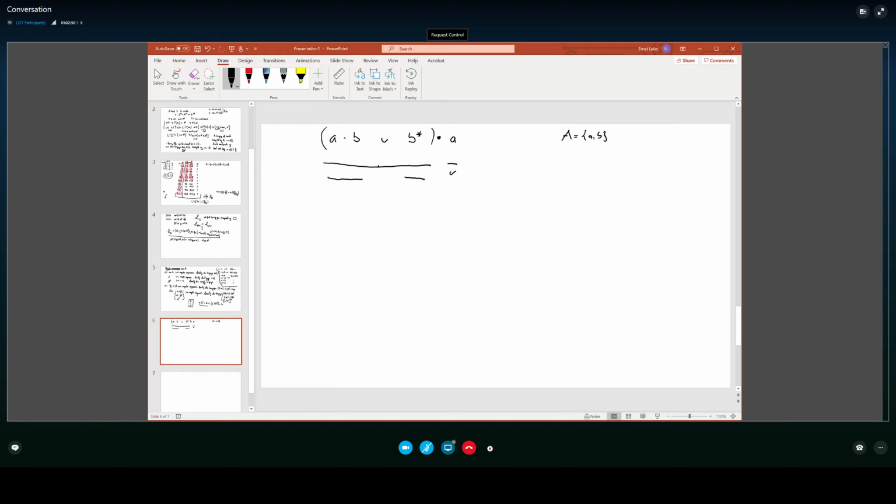Now this whole thing is a regular expression provided this is and that is. Because if I have a regular expression here, A, B, and another regular expression here, B star, then the union of those 2 is a regular expression. Now, so far I don't know whether these 2 are, so I have to continue going further down. So A concatenated with B is a regular expression, provided A is a regular expression and B is a regular expression.